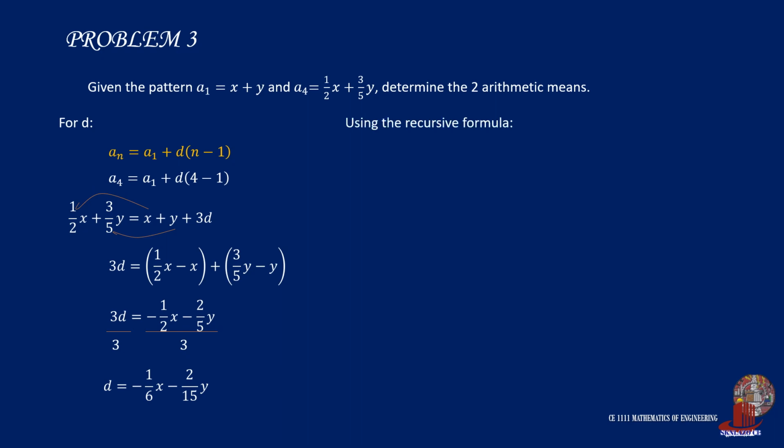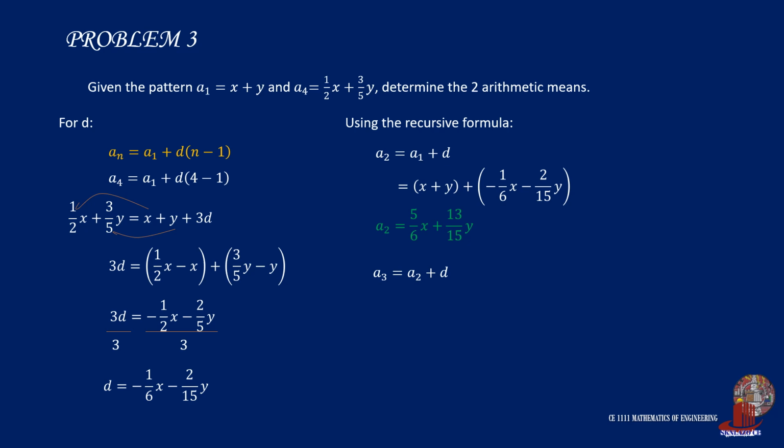Through the recursive formula, a sub 2 is just the previous term plus the common difference, that is x plus y, with the difference negative 1/6 of x minus 2/15 of y, and get a sub 2 as 5/6 of x plus 13/15 of y.